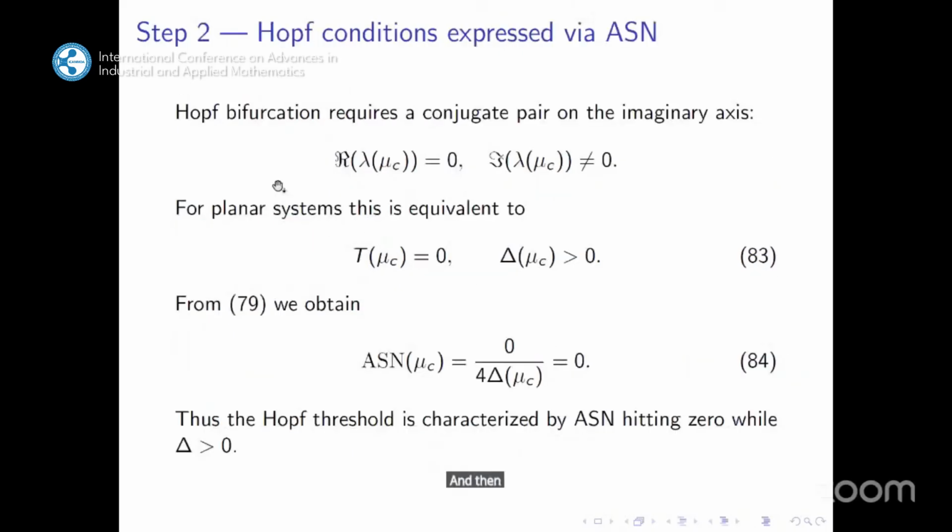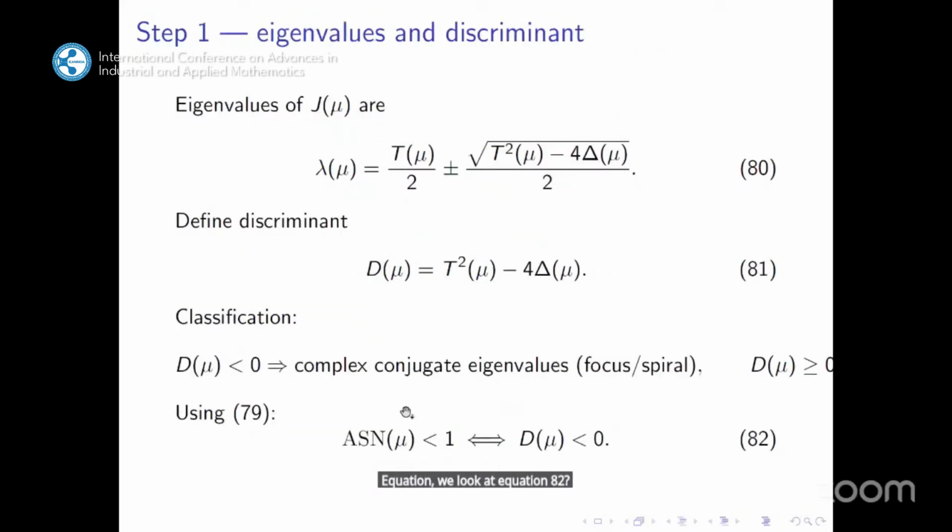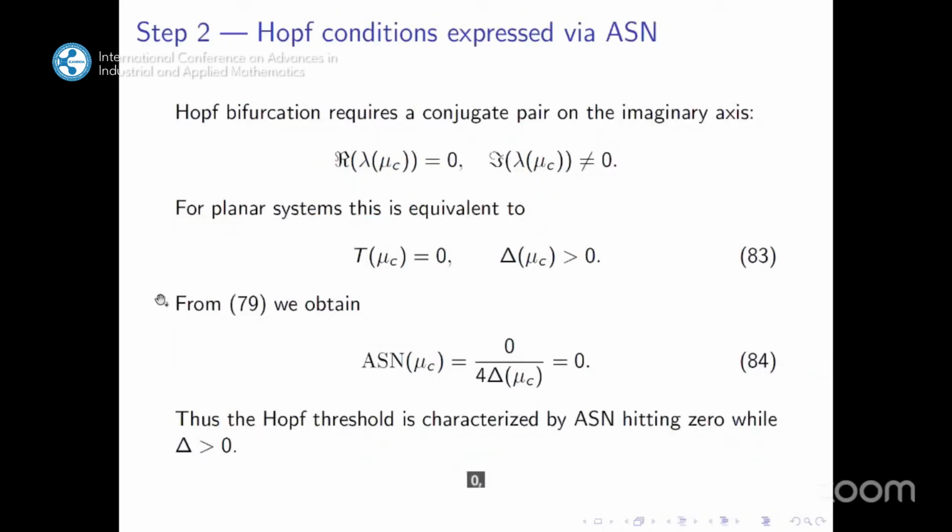And then we look at equation 82. So that's the case, what the Atangana strength number implies, if and only if the determinant in this case is less than zero. And then also equation 79, we have the following in this case, that the Atangana strength number will be zero.